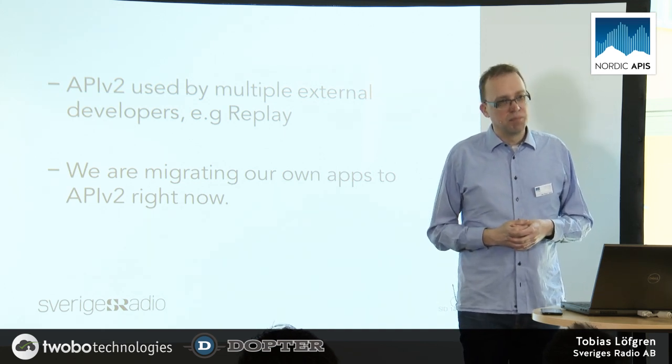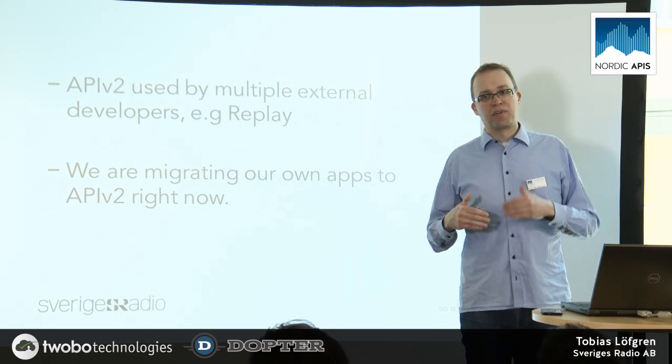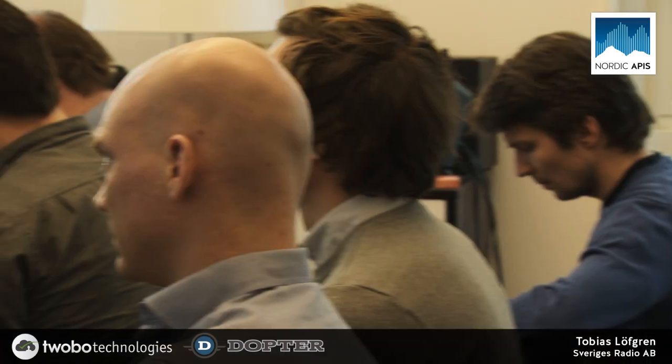We are still the biggest users of our own API. So to have that opportunity to notice performance problems and things like that before we actually open the floodgates to the users of our own apps is very powerful.